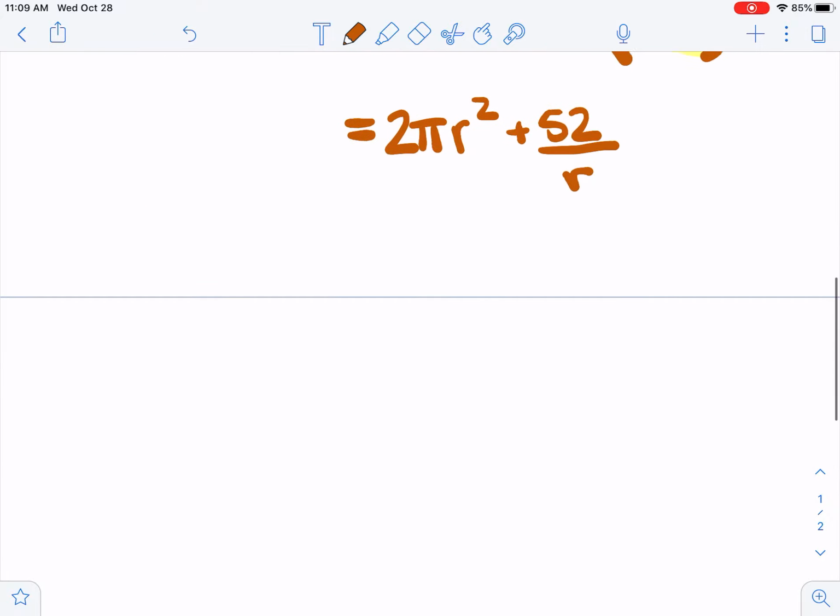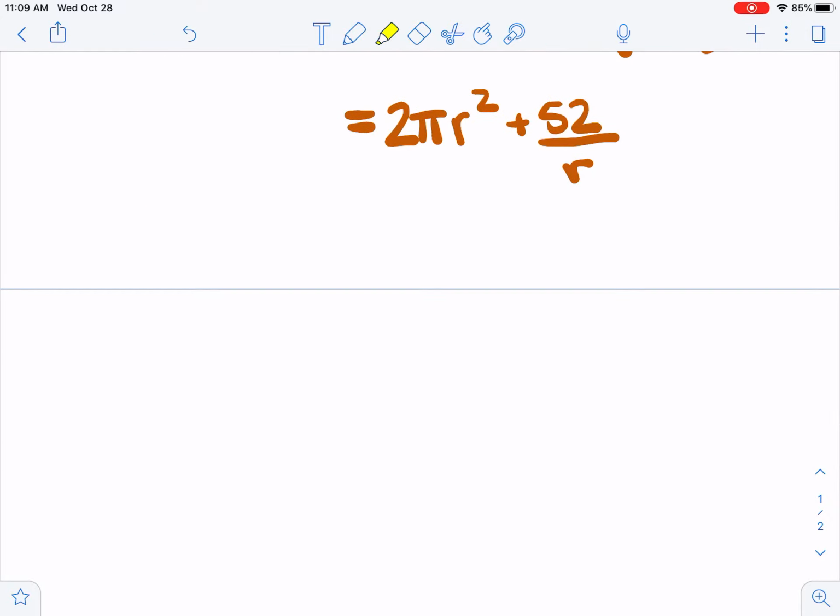We just have an optimization problem, just like in the other sections that we've done in Chapter 4. So there's nothing new at this point. We take a derivative, where we know that the max and the min will occur at an endpoint or at a critical point. So we want to find the critical points.